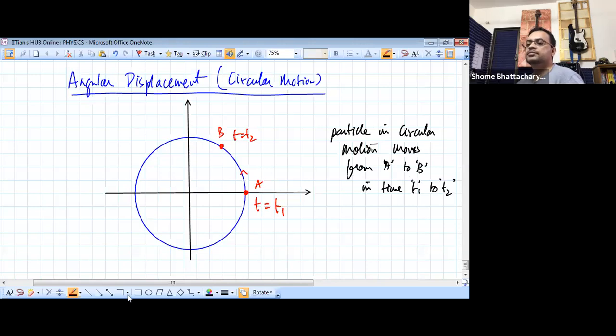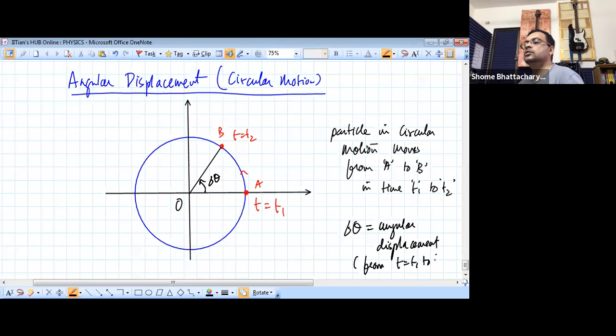Then during that time, the line joining the particle with the center, whatever angle it traces, that is called the angular displacement, delta theta. So delta theta is the angular displacement from t equal to t1 to t2.